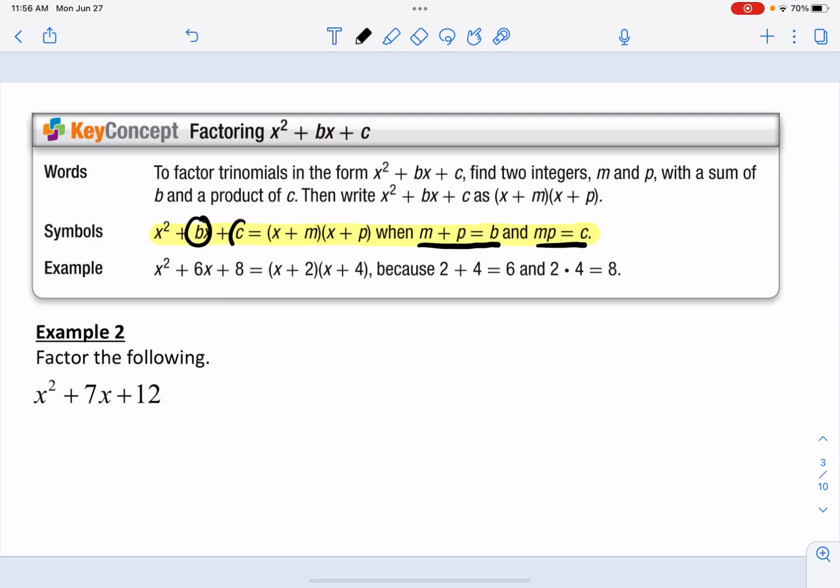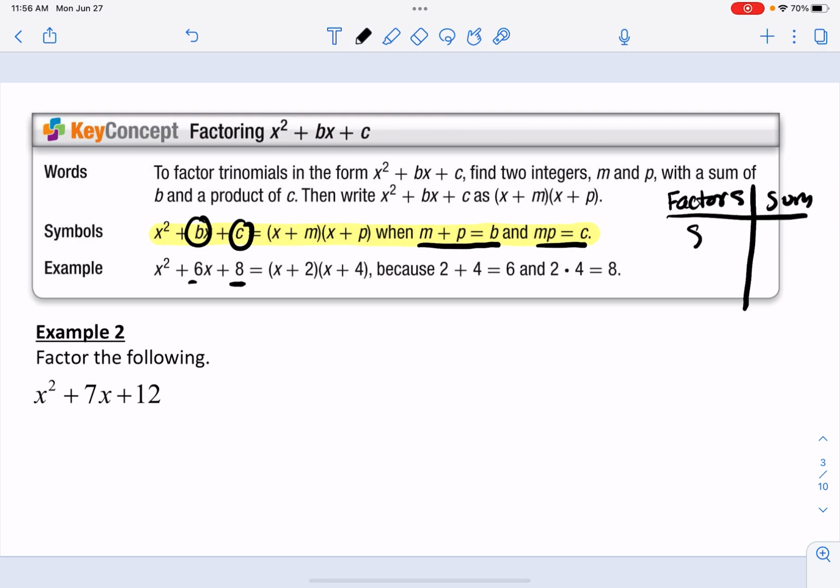So in this example here, we were looking for 2 things that multiply to be 8. So what you want to first start looking at is the factors of 8. And then we'll figure out what the sum is, because I want to get the sum to be 6.